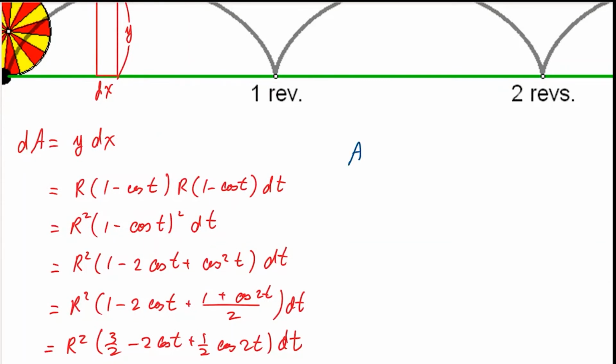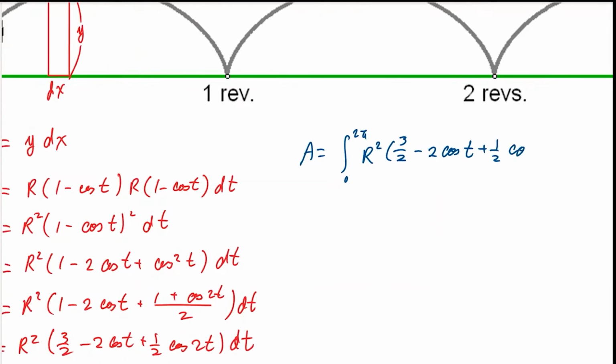So my a is from 0 to 2 pi, let's say our area under one arch. And then we shove that thingy in: r squared and 3 over 2 minus 2 cosine t plus 1/2 cosine 2t.